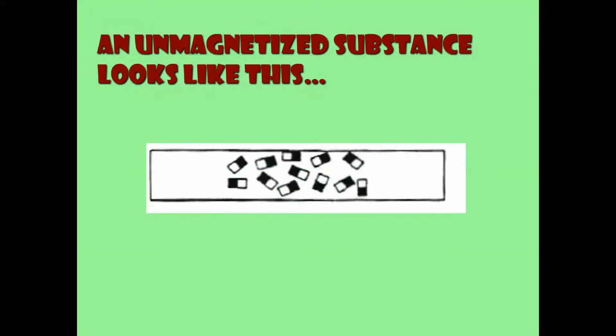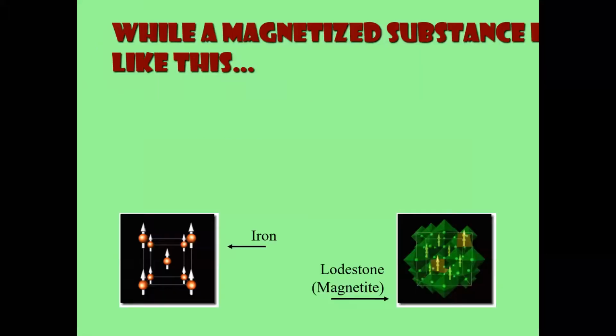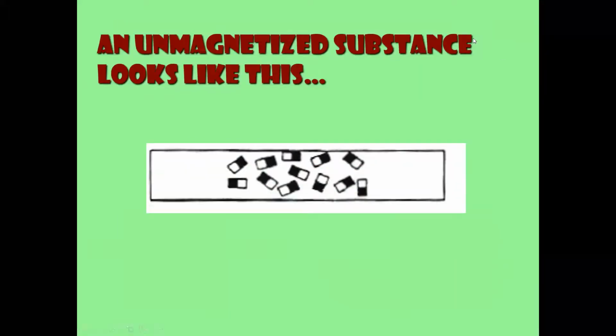So an unmagnetized substance looks like this. And if this substance was magnetized, all of the black poles would be on one side like this.